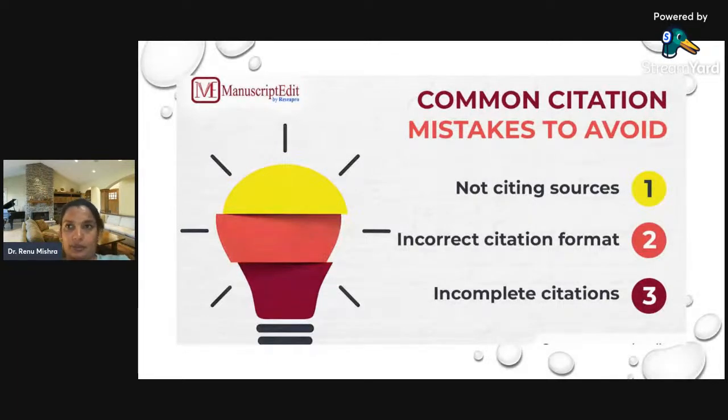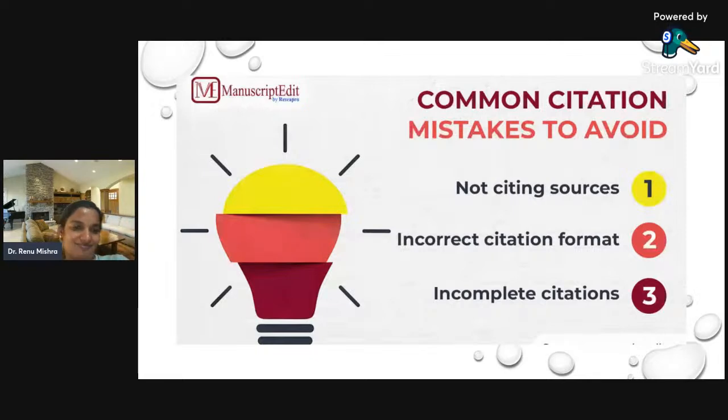And a very important one: when you do not cite the sources, guys, it not only adds to your editing mistakes, it also adds to your plagiarism.